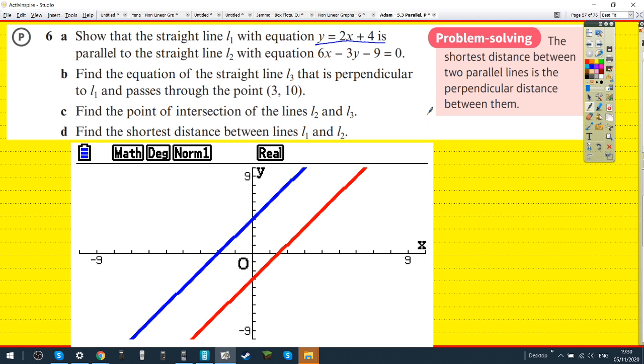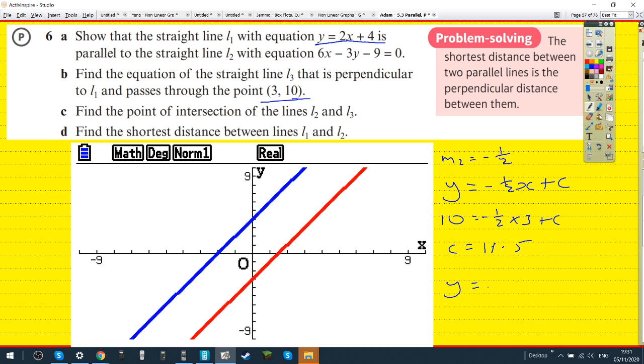Would it be y equals minus 1 over 2? M2 equals minus 1 over 2. Yes, so that one is y equals minus a half x plus c. And it goes through the point 3, 10. So when x is 3, y is 10. Half of 3 is 1.5, so c is 11.5.